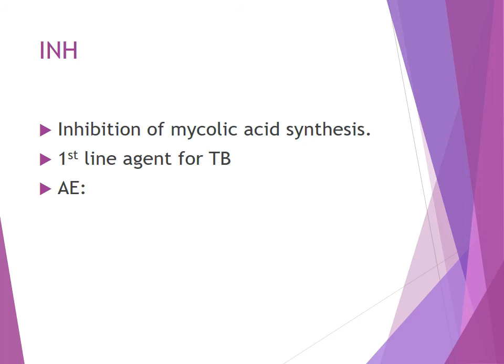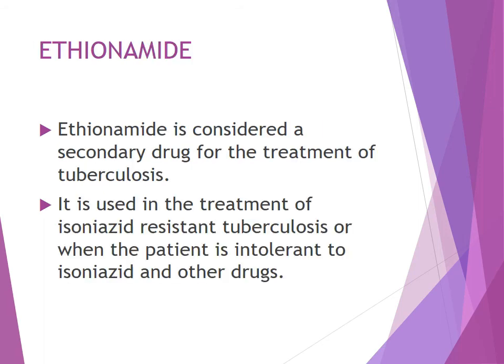Diba sa first-line agent for tuberculosis, we have your isoniazid and rifampicin. The main adverse effect of this drug, siya po ay nagkukos ng peripheral neuritis. Kaya nga itong drug na to ay kinocombine sa vitamin B6 because your vitamin B6 or your pyridoxine will prevent peripheral neuritis. Aside from that, our isoniazid is a hepatotoxic agent.